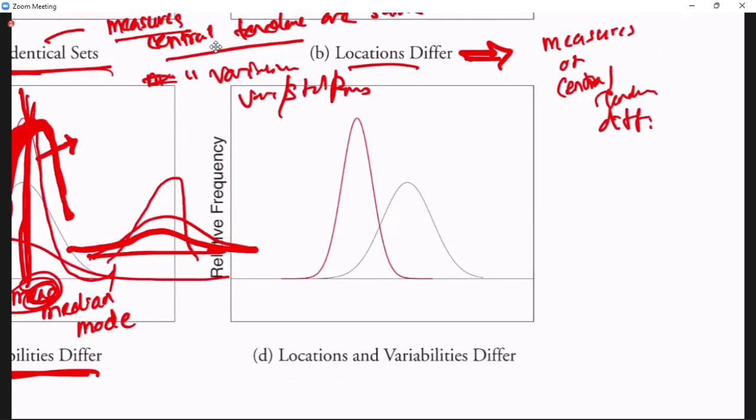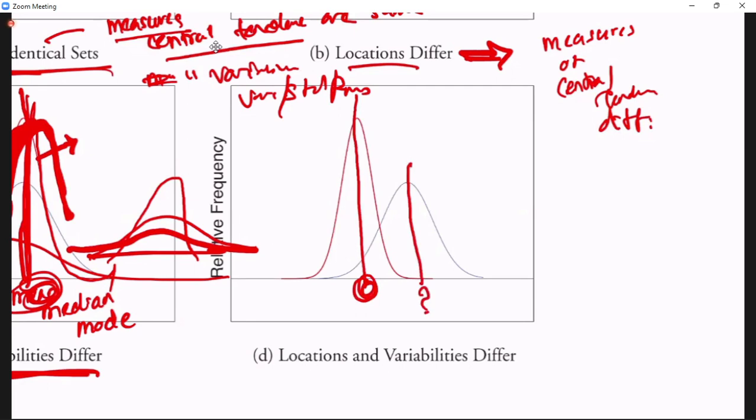Here, you have two curves, red one and blue one. What can you say about these two data sets? These two distributions? Locations are different, of course. This red color one is symmetric about this value, and blue color curve is symmetric about this value.